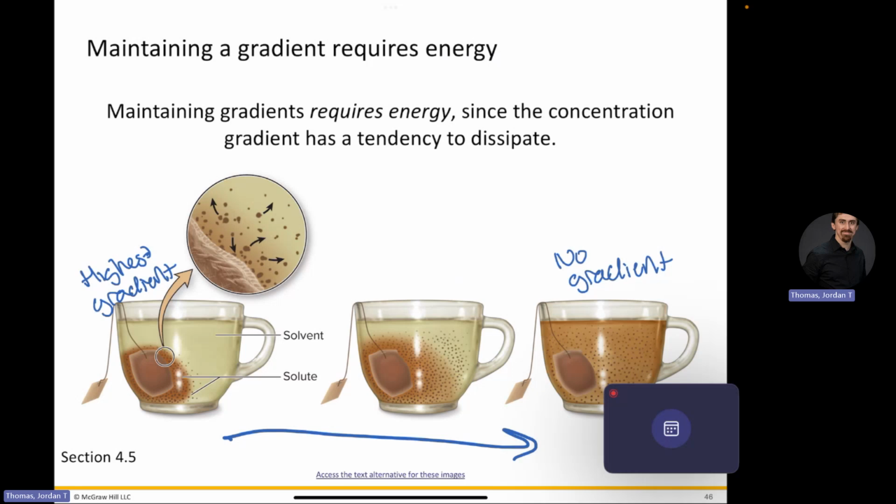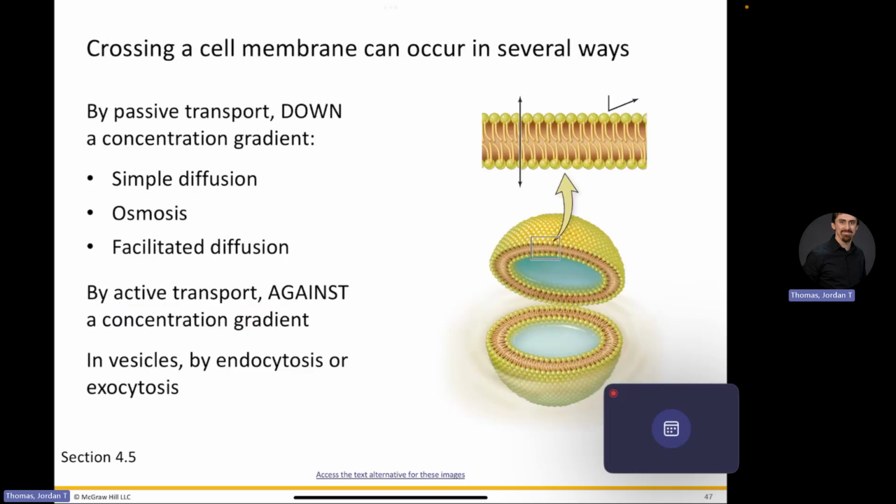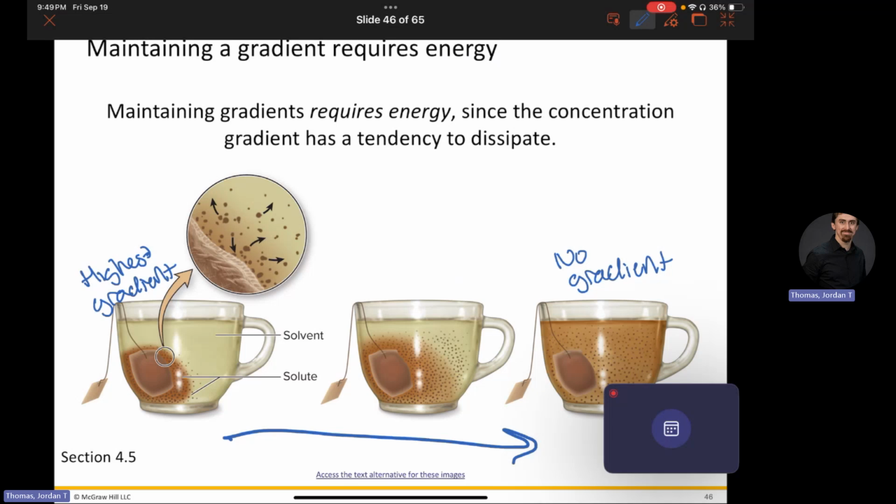But in order to maintain a gradient, let me go back. In order to maintain that gradient, we require energy. So in order to maintain the gradient right here, we need to put energy into the system to make sure we can maintain it. So I want you all to keep that in mind.